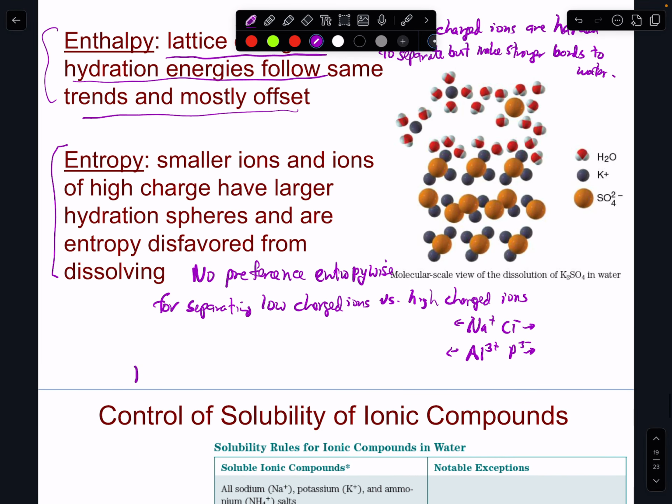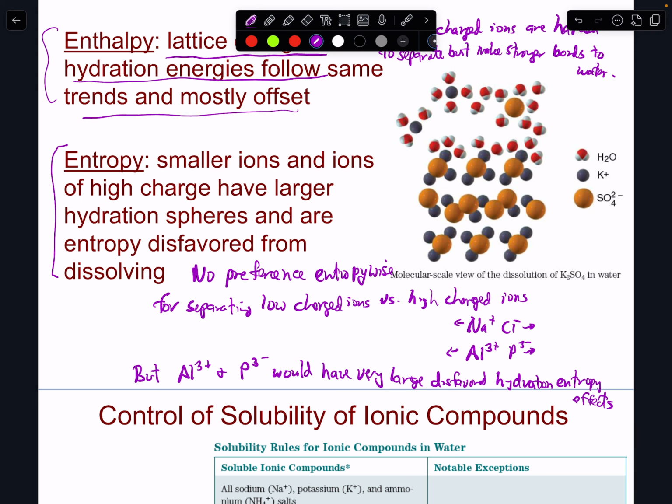But aluminum 3 plus and P3 minus would have very large disfavored hydration entropy effects.